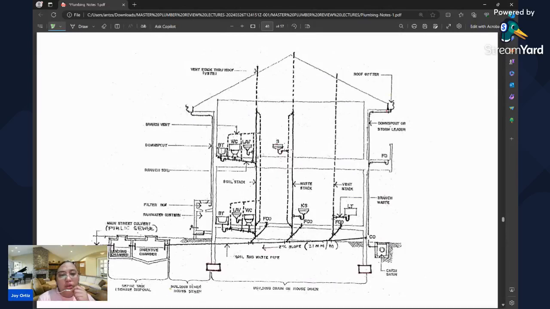Ito yung makikita natin yung mga water closet. Connected po siya. Kasi ang pinaka-purpose, hindi lang siya for the foul odor, ma-remove yung foul odor, but also yung tinatawag nating pressure to prevent the siphonage and back pressure.